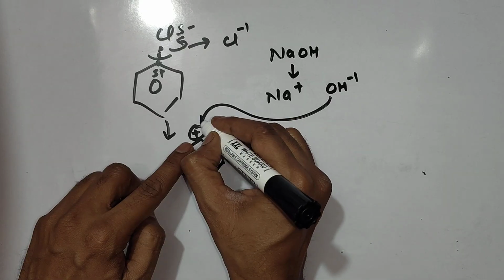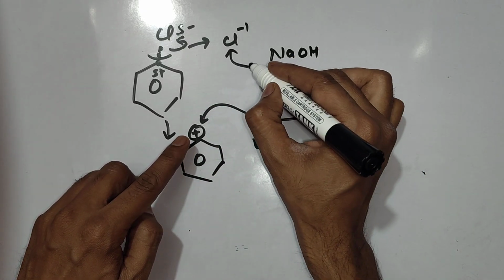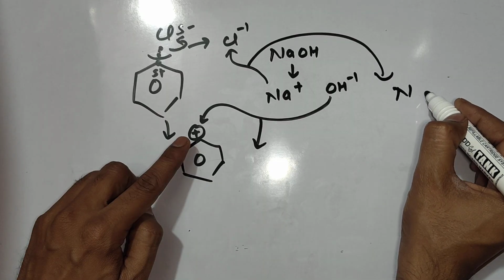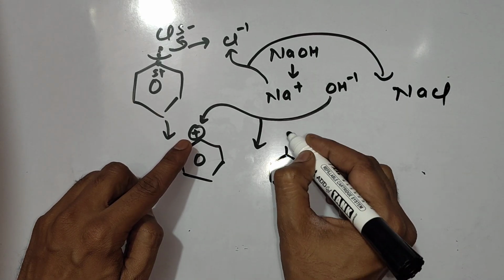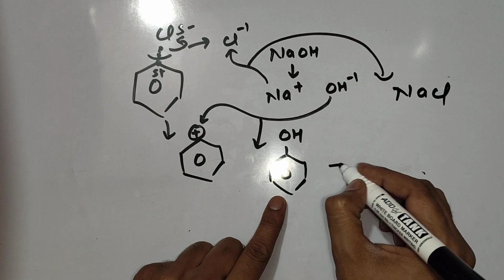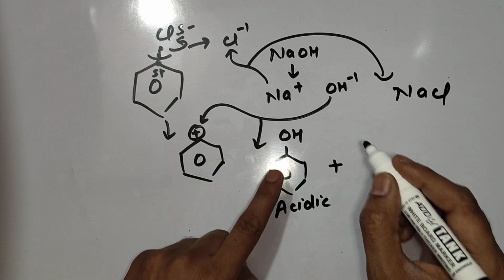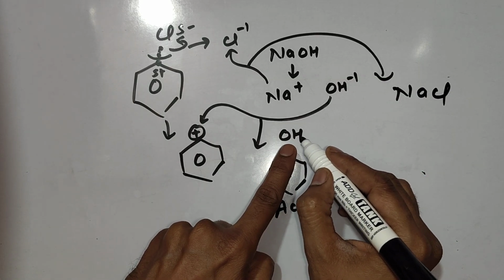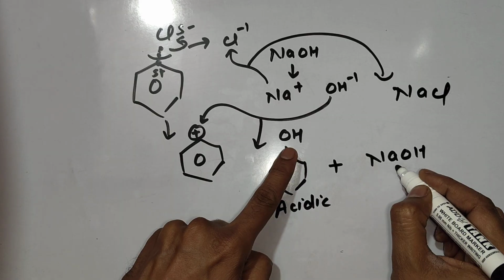OH negative will attack the positive carbon and Na positive will attack Cl. So side by side, what will be generated? NaCl, and here a phenol particle will be generated. But wait, phenol is acidic in nature. Acidic means it will deliver its H positive. Here we have a basic condition, NaOH.